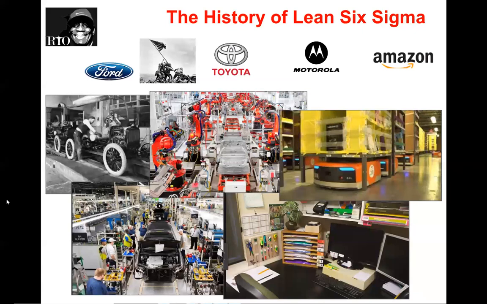The future is really where Amazon is now taking things, as we move from Toyota's Lean and Motorola's Six Sigma to a combination of Lean Six Sigma with digitization, digital transformation, robotics, artificial intelligence, big data, and machine learning. All of those things are now being perfected by Amazon. You can see the Amazon robot there, those Kiva robots used in support of people to handle their warehousing operations. Umar, let's go to the next slide.